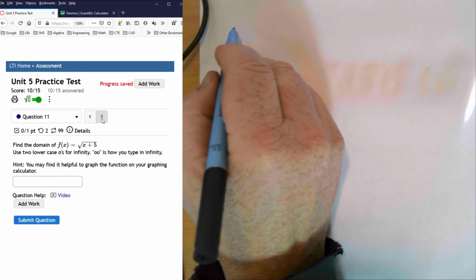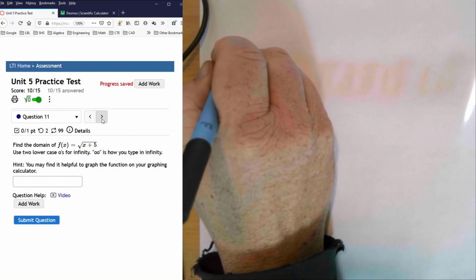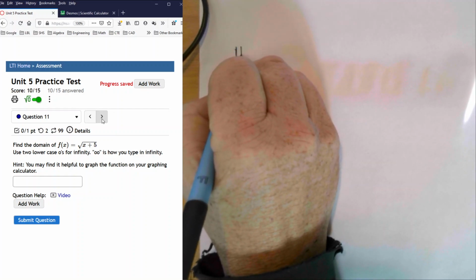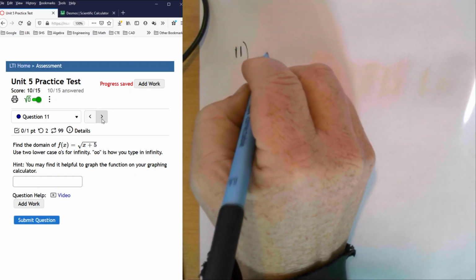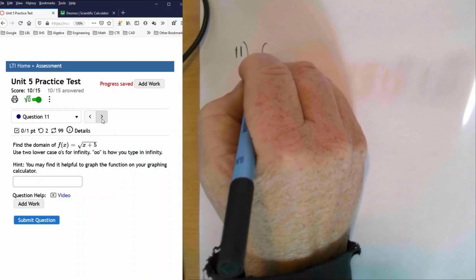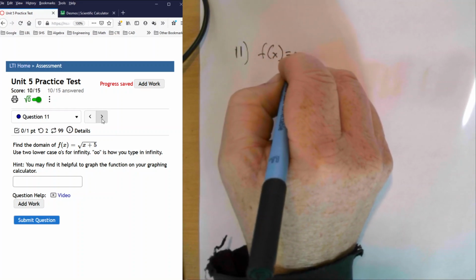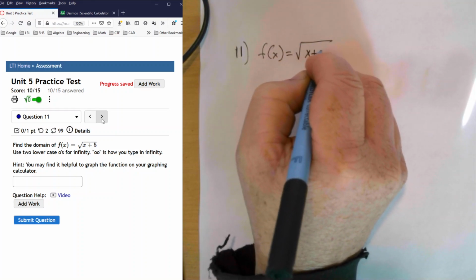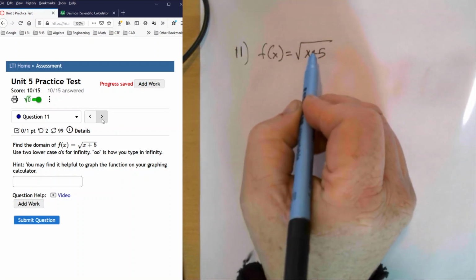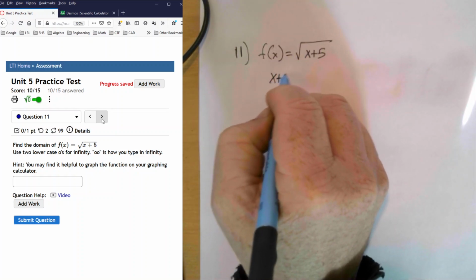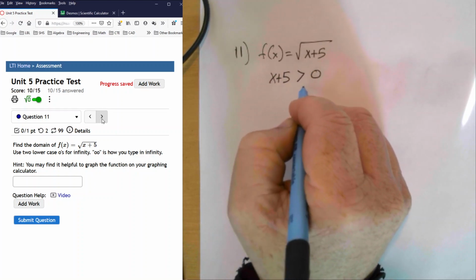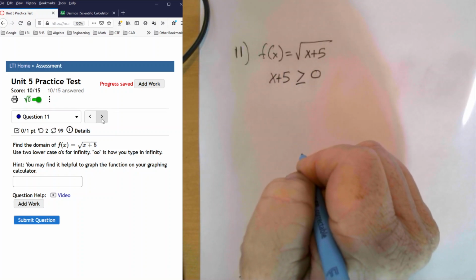Okay, and we take a look at problem number 11. Similar sort of thing. They give us a function here equal to the square root of x plus 5, so we can use that same reasoning. We know that x plus 5 has to be greater than 0, and it could be equal to 0 also.